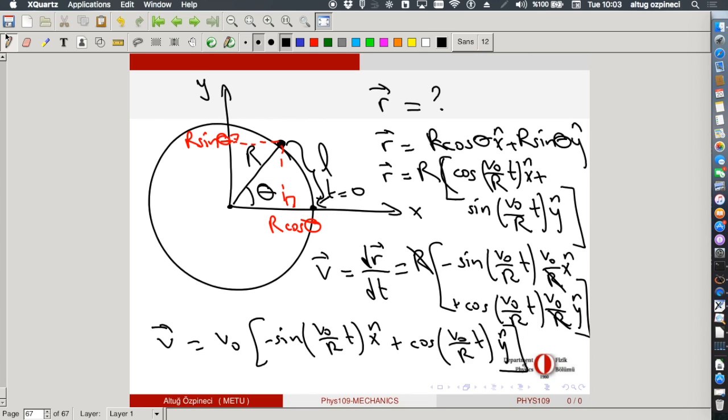So the product is v0 times r times sine times cosine with a minus sign. The y component of this one is r times sine. This one is v0 times cosine. It is plus r times v0 times sine and cosine. One with a minus, one with a plus. You sum them up. That gives you 0. And if you take the derivative once more, you get the acceleration vector, and you can actually show the direction.